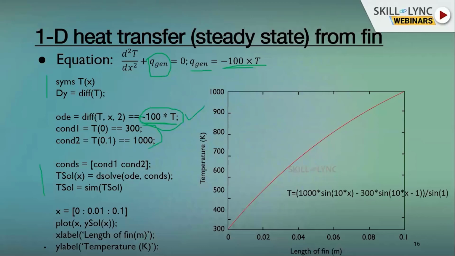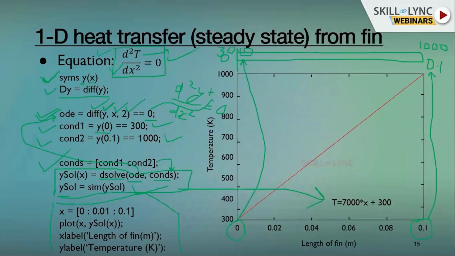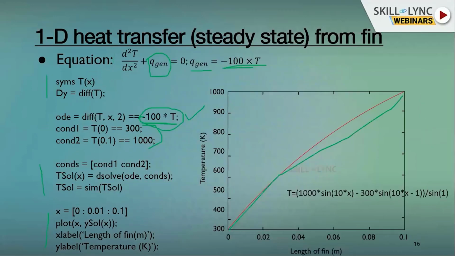Just by modifying one single statement, I can solve a different problem. And my answer is also different. In the previous problem, the temperature distribution is linear. But in the next problem, when we are talking about the heat generation, the temperature distribution is non-linear.